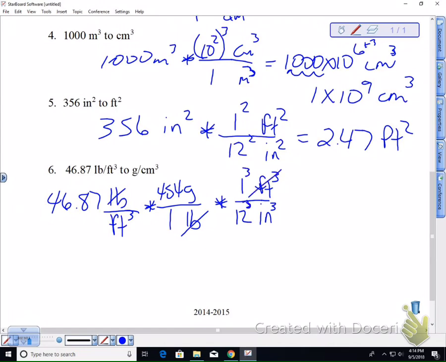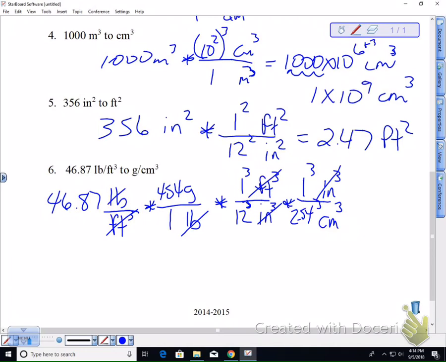Okay, that gets rid of the cubic foot. Now that I'm in cubic inches, I want to go to centimeters cubed. So let's put inches cubed on top here, and we'll put centimeters cubed in the bottom. In every inch, there are 2.54 centimeters, and since the units are cubed, we have to cube the numbers.